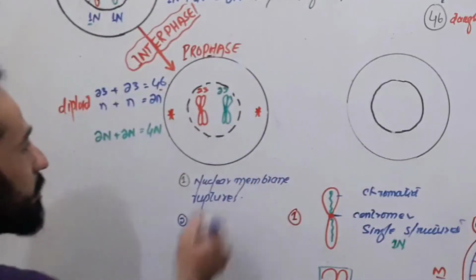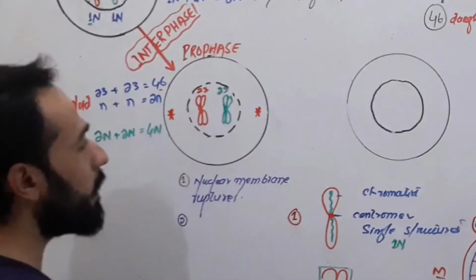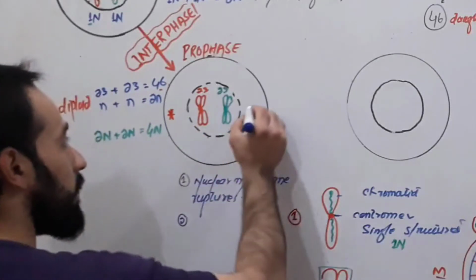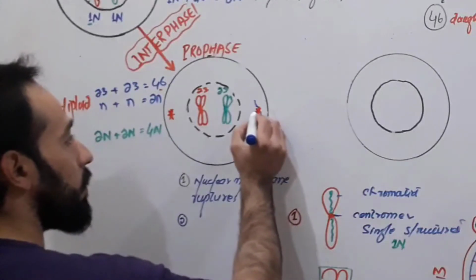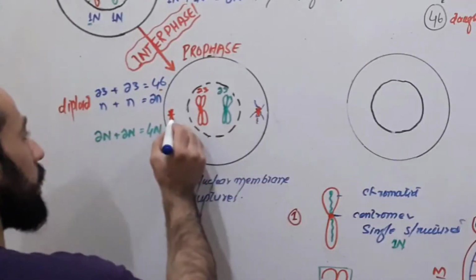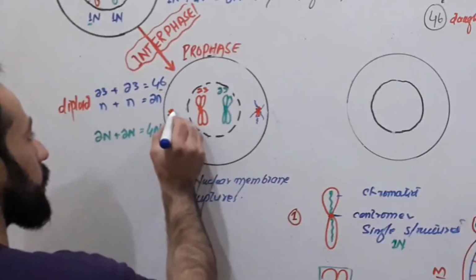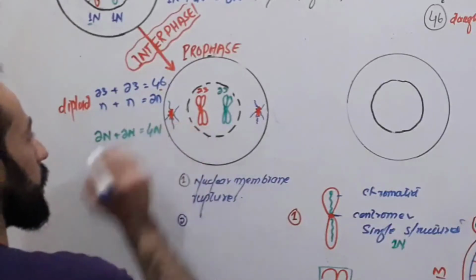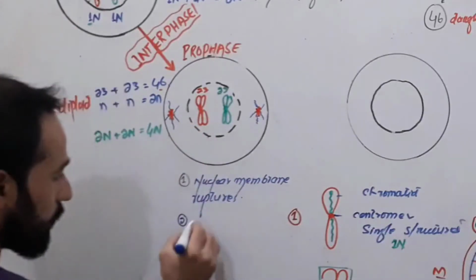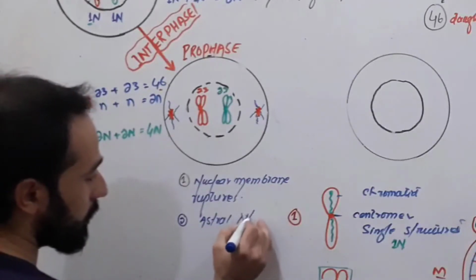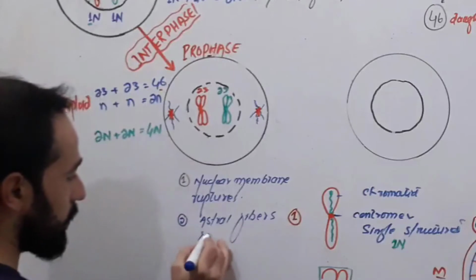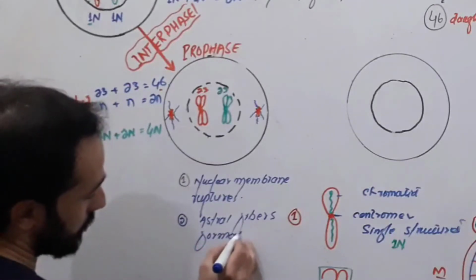So the centrioles came to the opposite poles, and they start secreting special proteins, and these proteins are called the astral fibers. So astral fibers are formed. Astral fibers formation occurs.